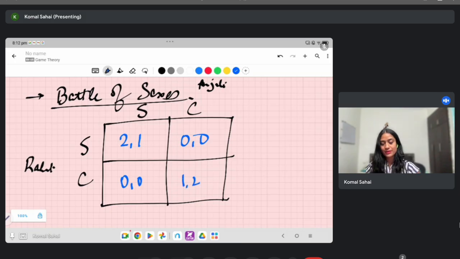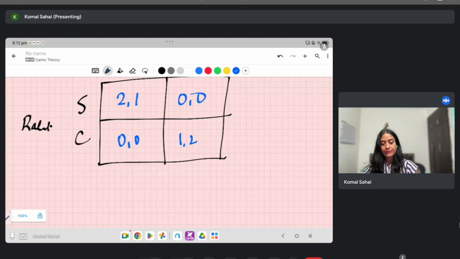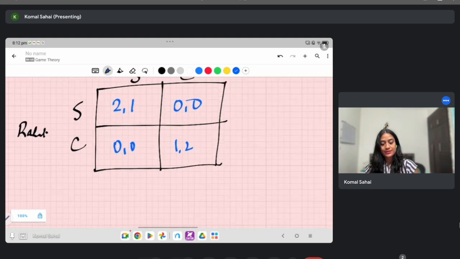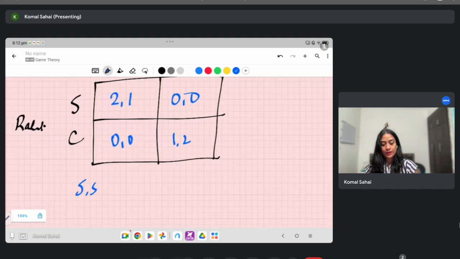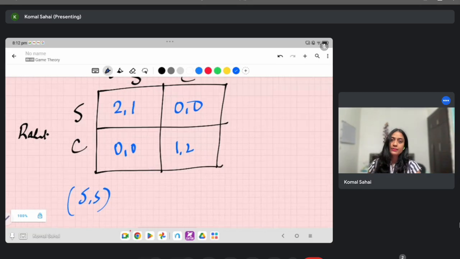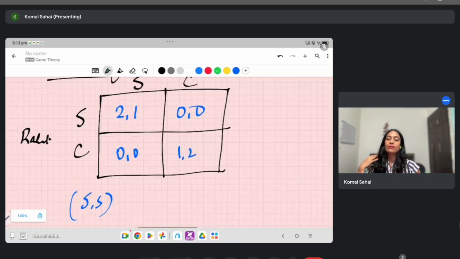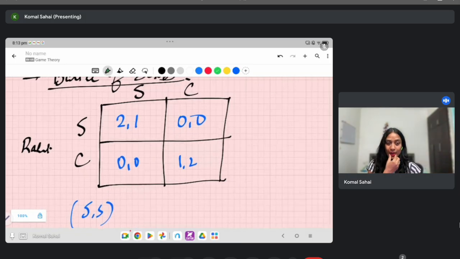ठीक है, राहुल को पसंद है stand up, Anjali wants to go to clubbing. In this case, again, let us evaluate each of the outcome, right? So if you are in the stand up, in this outcome, you see that if the other player, again think from the perspective of player 1.